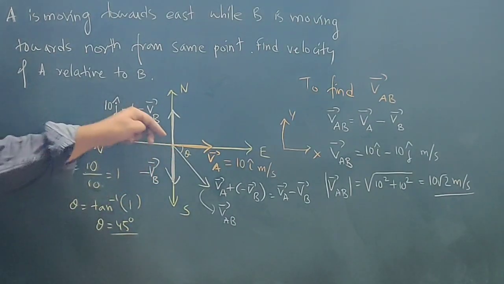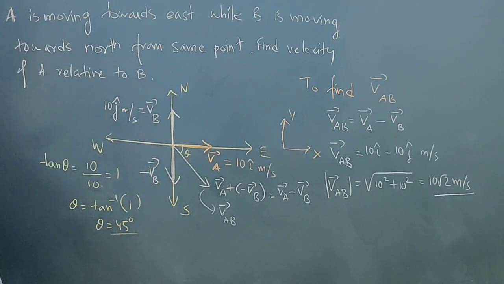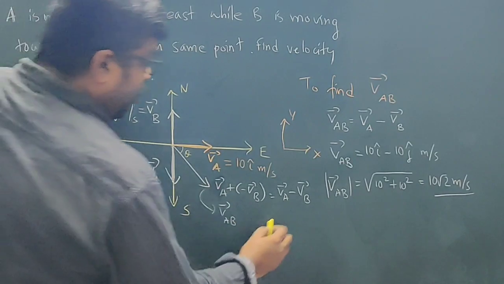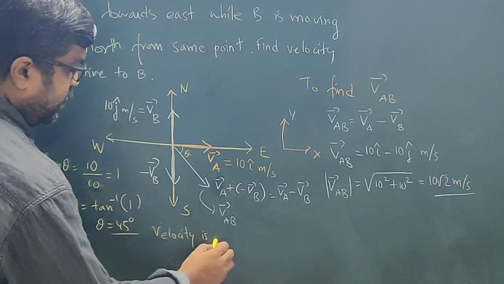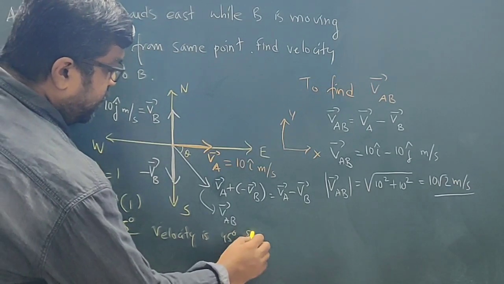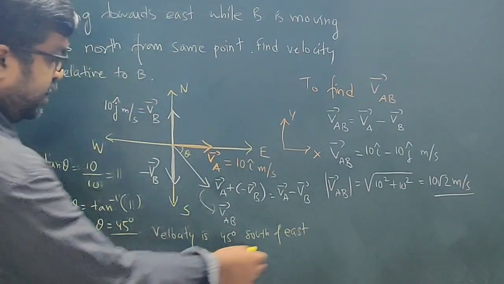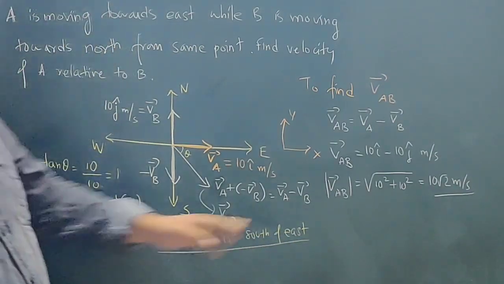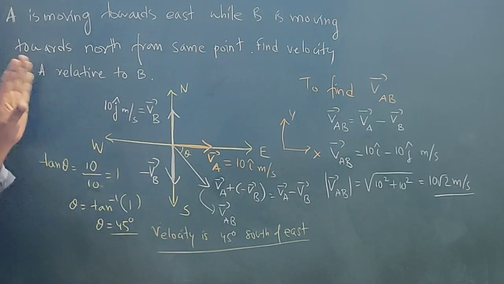So that means the velocity will be 45 degree south of east. So this is the direction of velocity and this is the magnitude of velocity. This is how you have to solve this question.